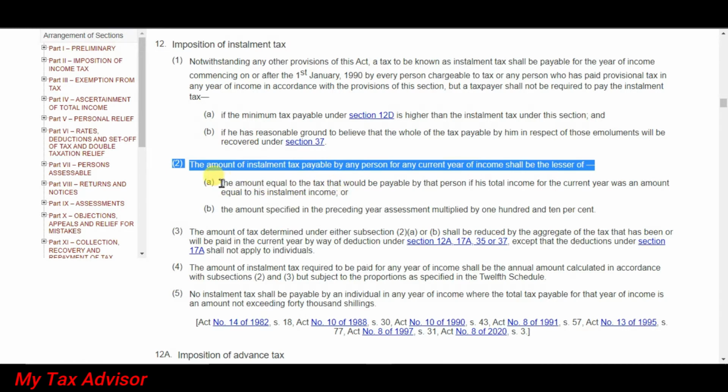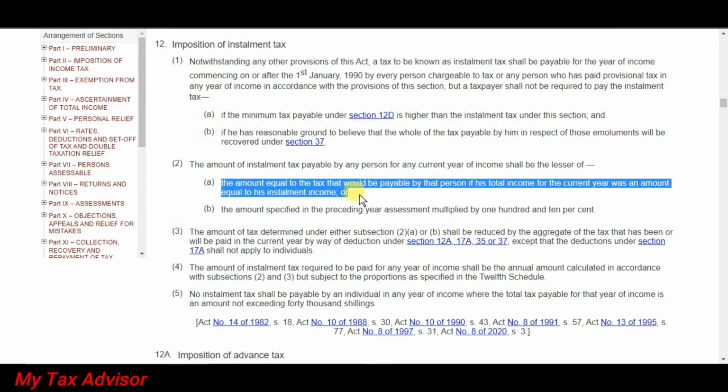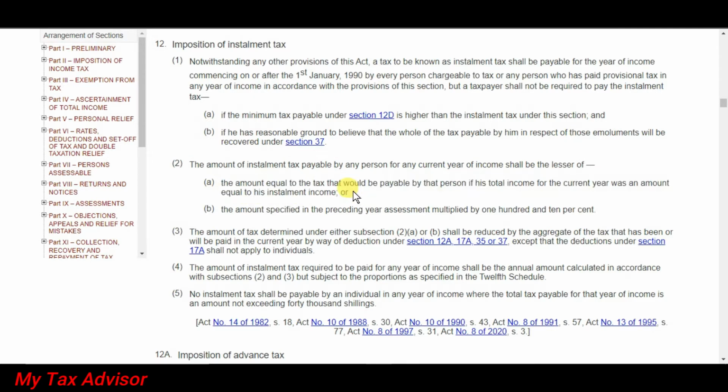So this is basically talking about you doing a projection and then seeing the amount of tax that you would have paid.